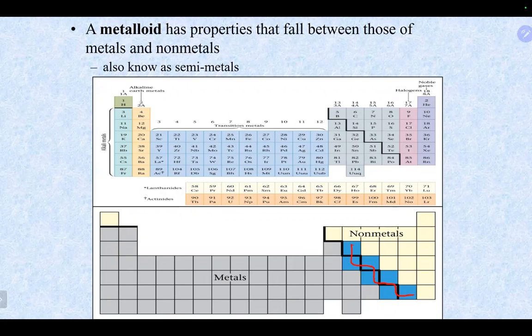Metalloids actually have properties that are very similar to both metals and nonmetals. So the same metalloid will have properties very similar to what we see in metals, and that same element will have properties also very similar to what we see in nonmetals. And it makes sense because as we go from left to right here, we're going from metals into nonmetals. So these are sort of a transitioning point between the metals and the nonmetals. They also have characteristics that basically fall on both sides of that staircase. Any questions on that?